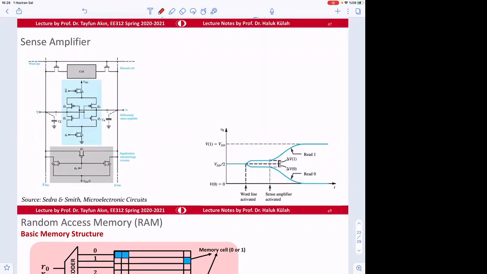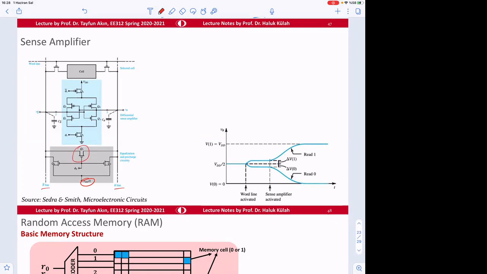So this slide shows maybe in a better way of explaining how we can do that. We apply 2.4 volts. So initially this bit line and bit bar line is settled to 2 point, and then make it equal. And in order to make sure that they have equal voltage, we have one more extra transistor.